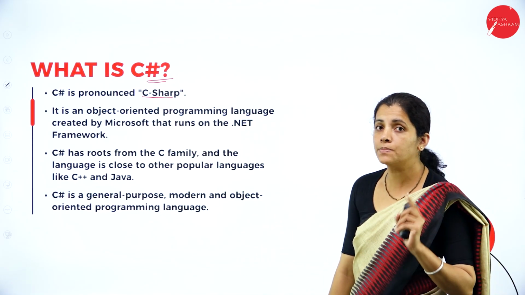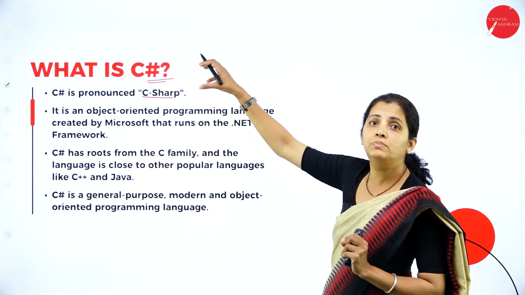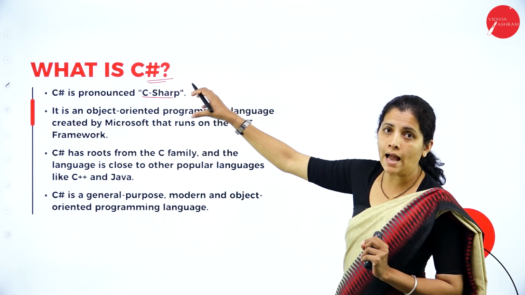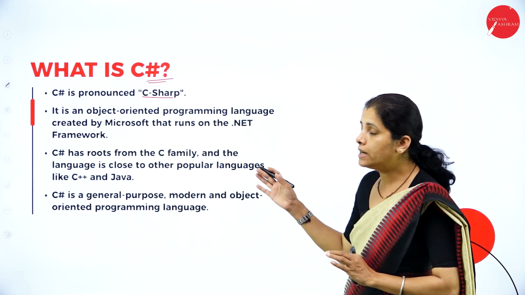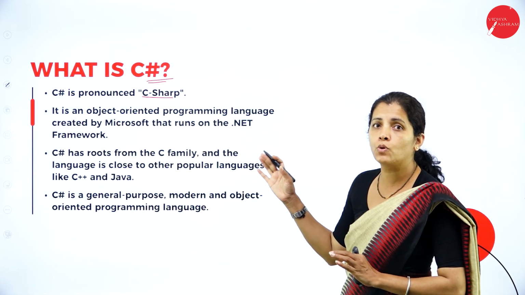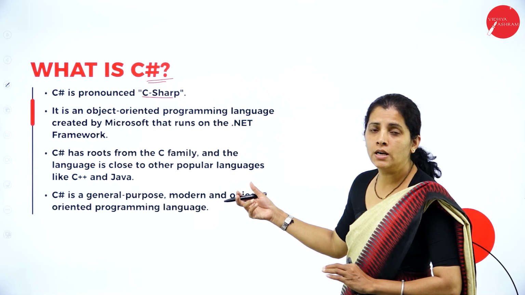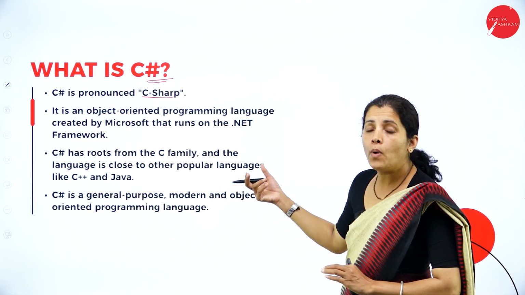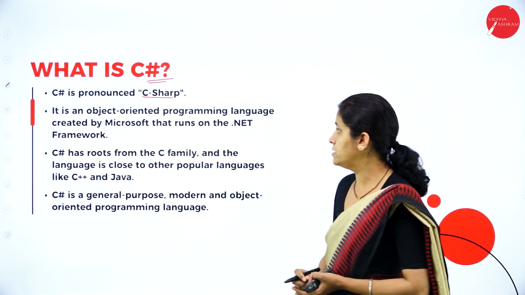I repeat, it is pronounced as C#. It's an object-oriented programming language. It's a modern, general purpose programming language, and it is mainly used to develop web, that is, websites or web applications.